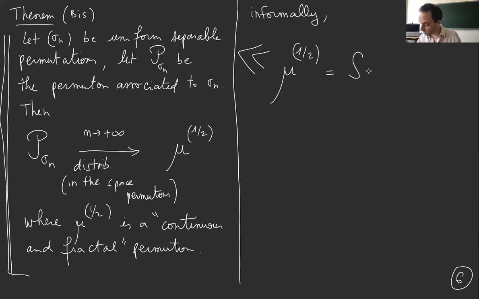So it's Schroeder to the minus 1 applied to Aldous's CRT with fair pluses and minuses.